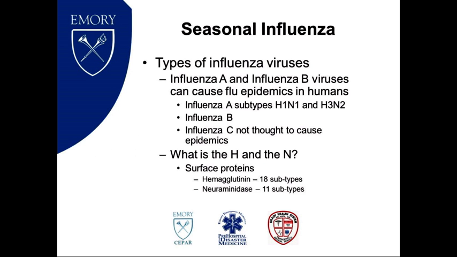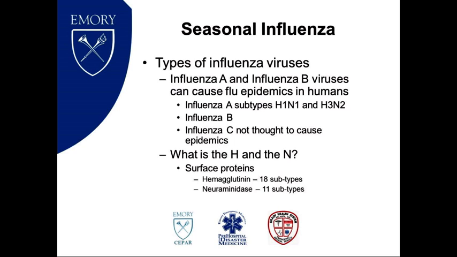First of all, general orientation to seasonal influenza. There are several different types of influenza viruses. The most common ones that we encounter include influenza A and influenza B viruses. Those are the ones that tend to cause flu epidemics in humans. And then of influenza type A, there are various subtypes such as H1N1, H3N2, and of course many others.